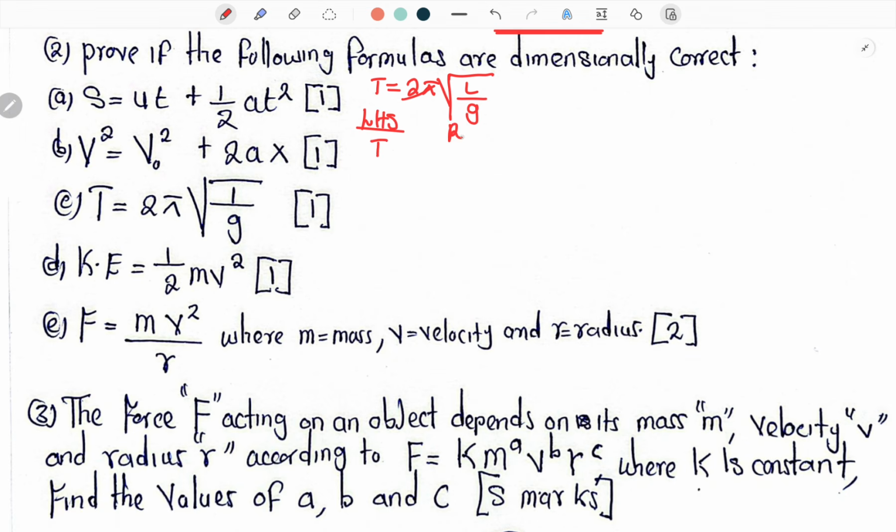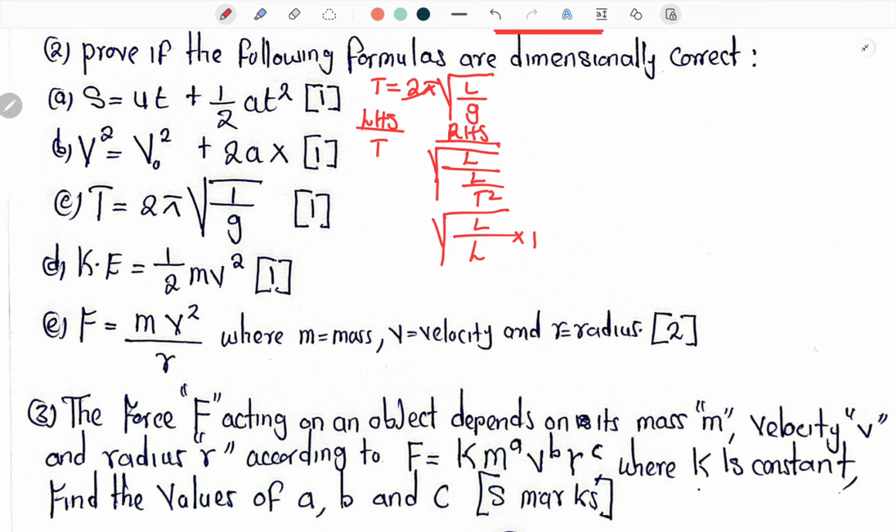Now, let's try to do our right-hand side. We see if we are going to have the same. We are going to square this. What are the dimensions of length? It is simply capital letter L. Now we find the dimensions of gravitational field strength, because we know that it has dimensions of L over T to the power 2.